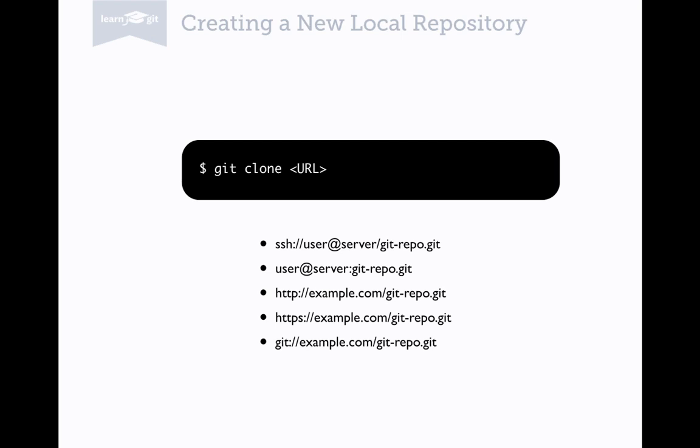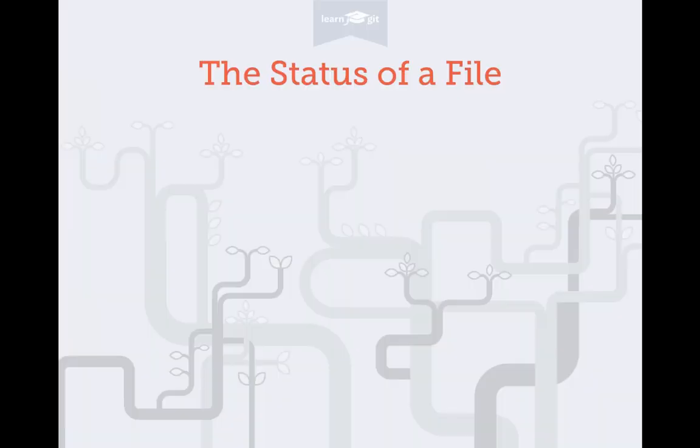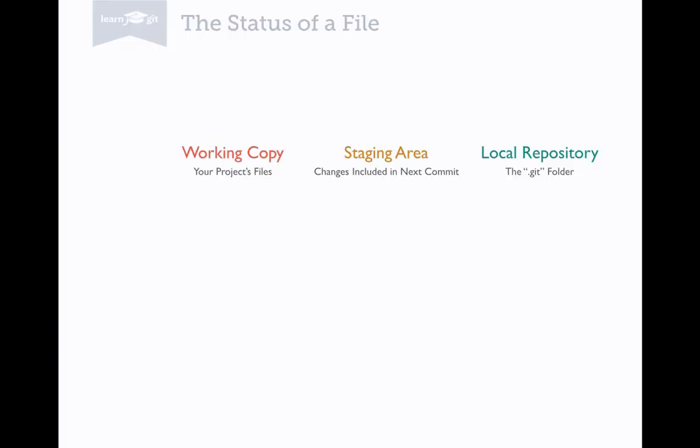Okay. So now let's look at the status that a file can take in version control with Git especially. When working with files, we're talking about local actions. So this all happens on your local machine, and we divide this in 3 levels. You have the working copy, the project's files.